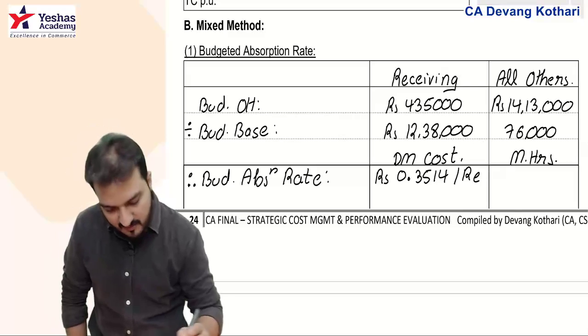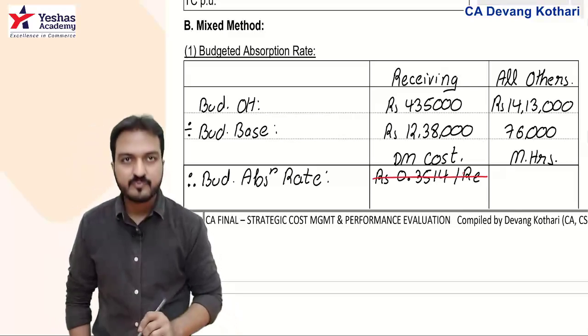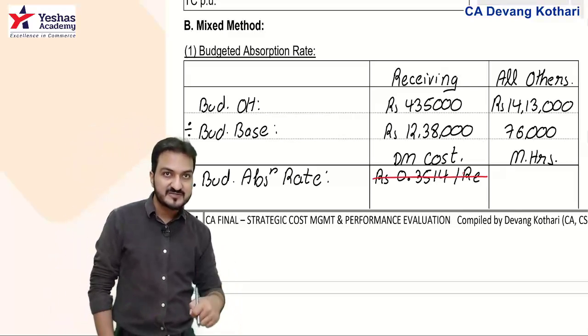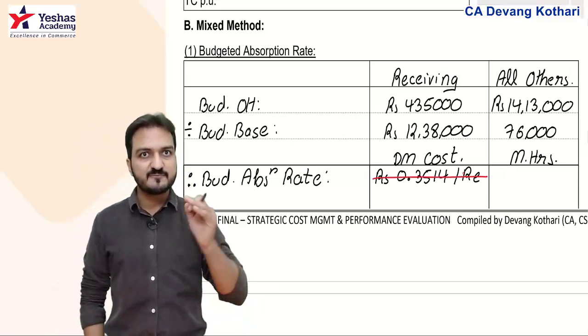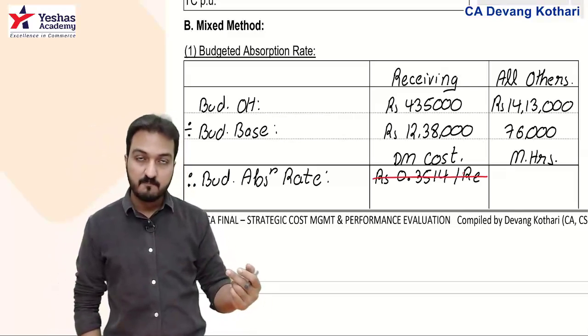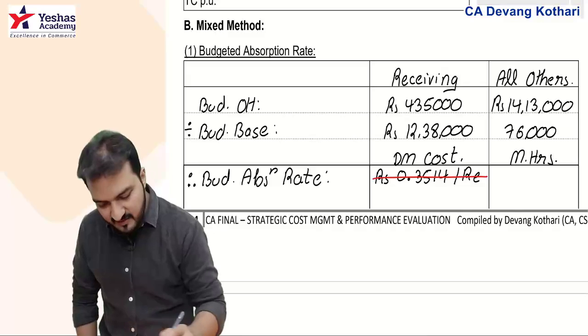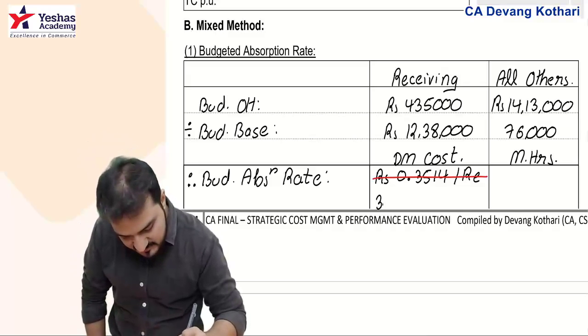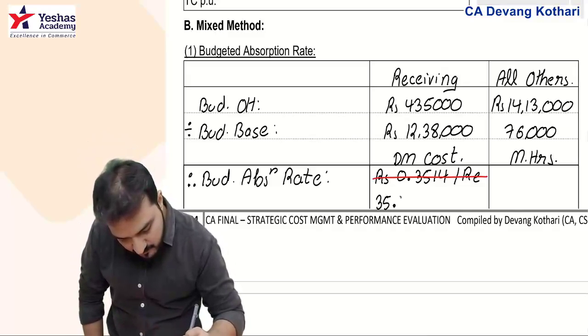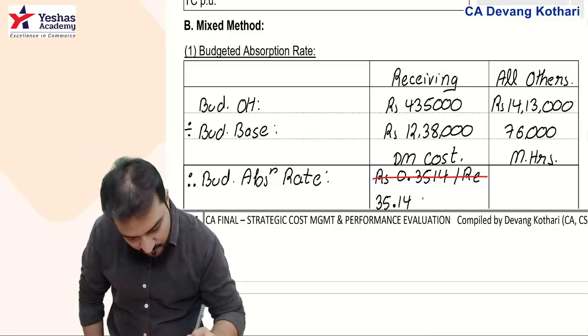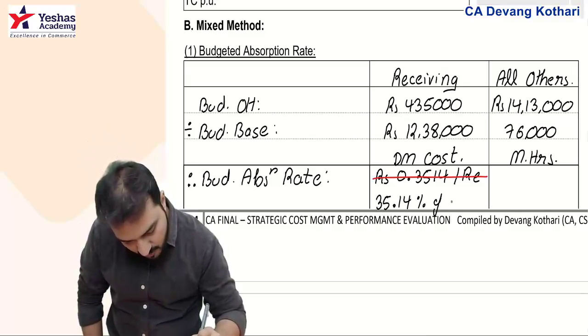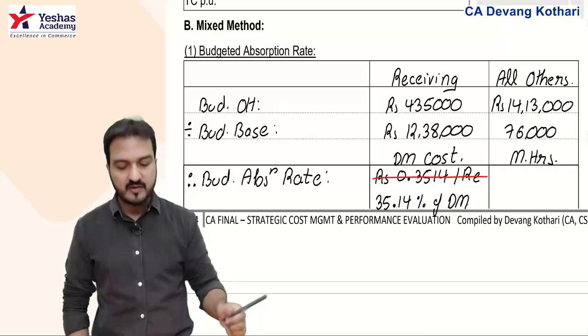Instead of writing it like this, you write it in terms of percentage. So instead of writing it as 0.3514 per rupee, I write that as 35.14% of direct material cost.